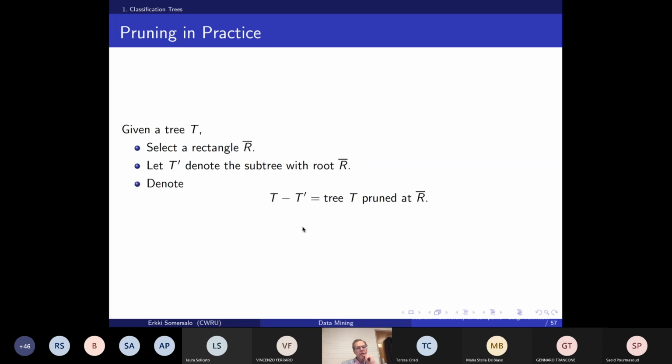Let's call T prime the subtree with root R bar. Then the pruned tree, pruned at R, is T minus T prime. So we are using this notation. You have the original tree and you subtract the tree that has this selected rectangle as a root.